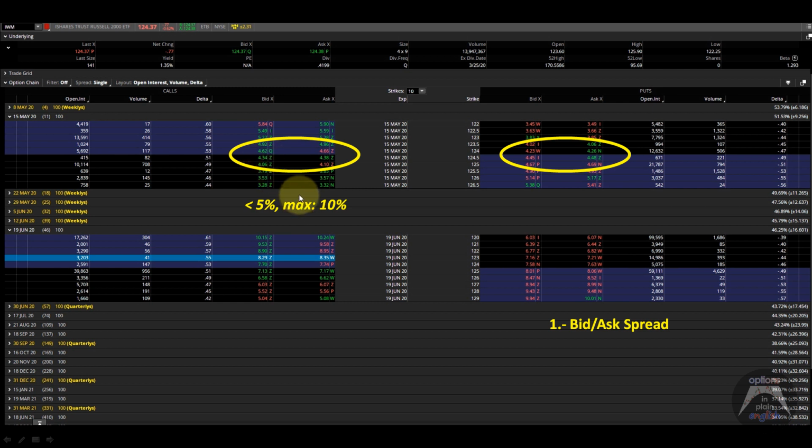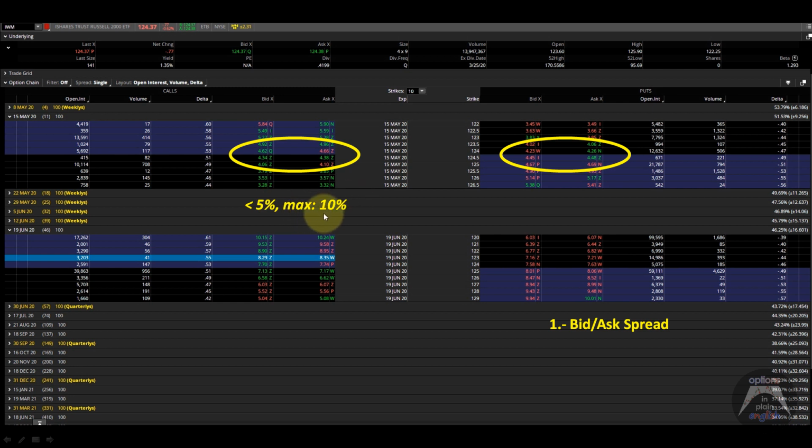Remember, you don't have to be exact by calculating this. I'm just doing it quickly in my head. So it's about 1%. What we like to see in terms of bid-ask spreads is a bid-ask spread of less than 5%, and that's what we like. But if we have a play that we desperately want to get into, we could relax those requirements and maybe push the limit up to 10%.